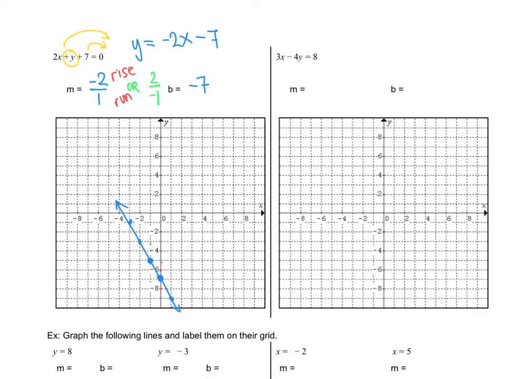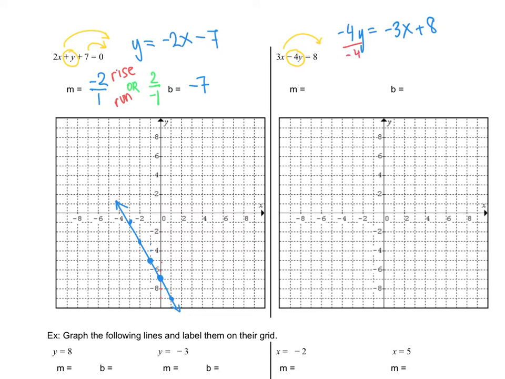If you did it well, that's great. If you made a mistake, see where your mistake was so that you don't make it in the future. All right, the next one we have to rearrange again, but a little more to it. So I'm going to circle my -4y and bring 3x to the other side. So -4y equals -3x because it moves over the equal sign, but the 8 hasn't moved, so I'm not changing its sign.